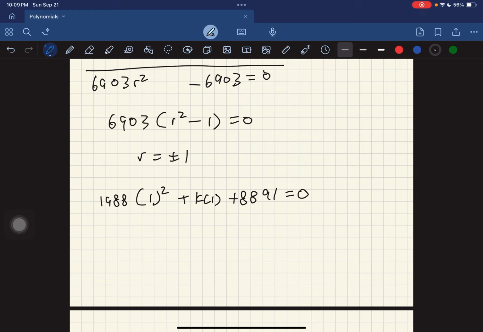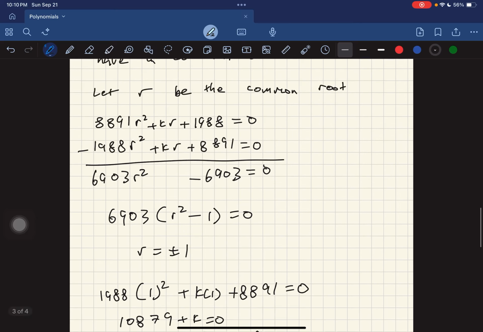So 1988 plus 8891, let me just add this, is 10,879, so 10,879 plus k is equal to 0, so k equals negative 10,879.